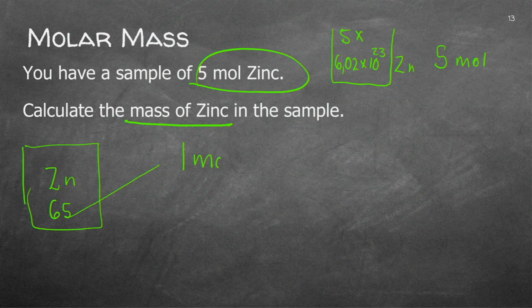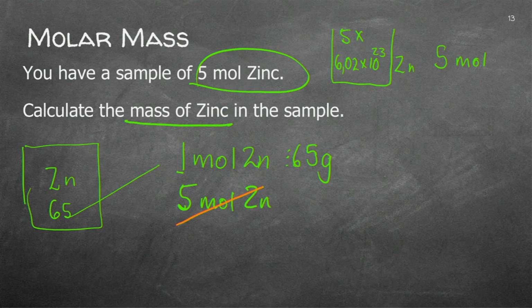1 mole zinc weighs, and you don't have to write weighs or whatever, it's a relation. You can just say 1 mole zinc is represented by 65 grams. I didn't want to know the 1. They asked me 5. 5 mole zinc will be, can you remember what to do?